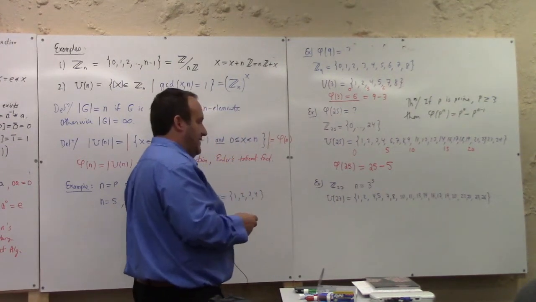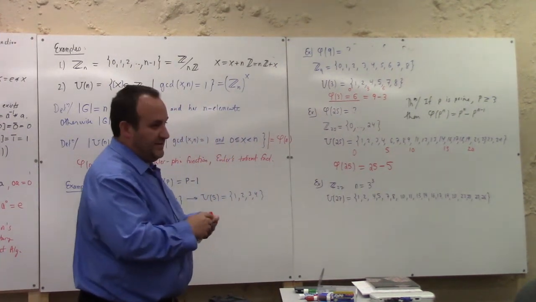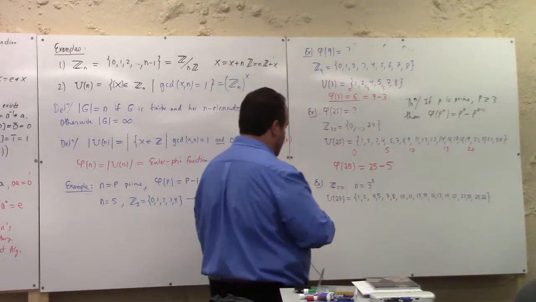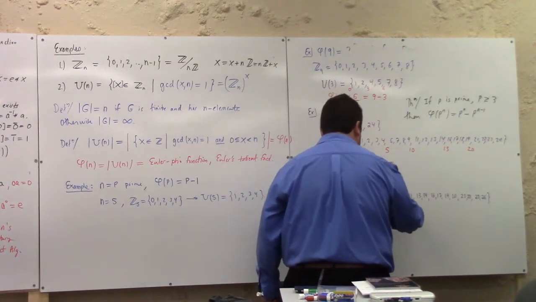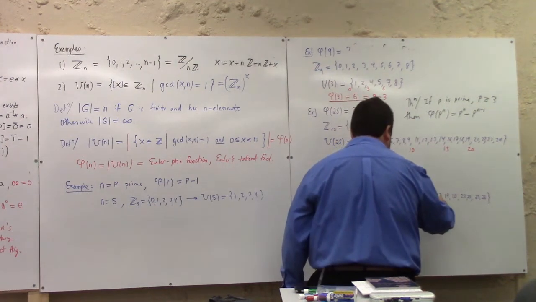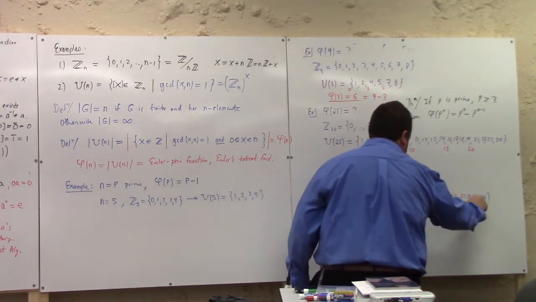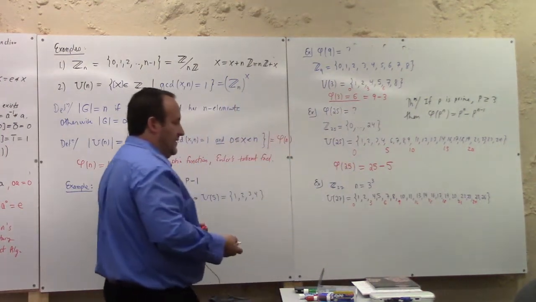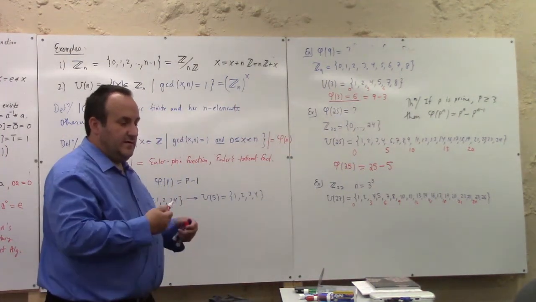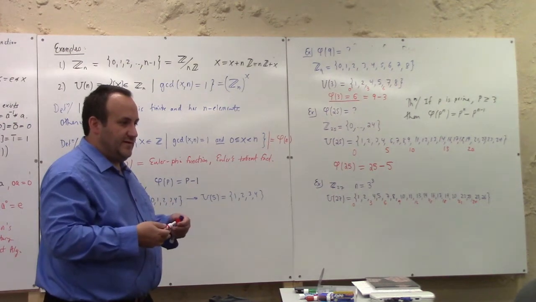So that's U27. What's missing? The 0, the 3, the 6, the 9, the 12, the 15, the 18, the 21, the 24. How many numbers are multiples? How do you count the number of 3 multiples in 27?